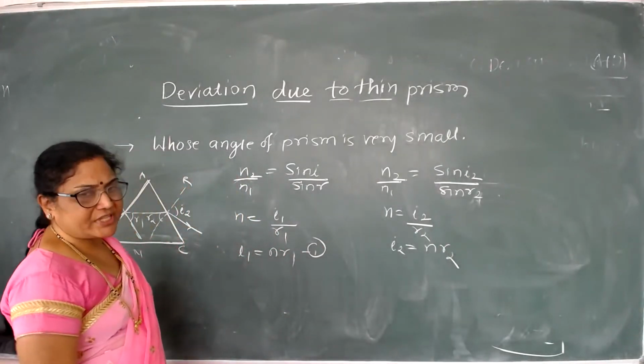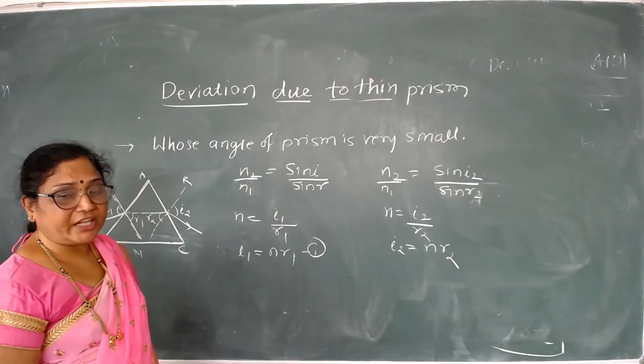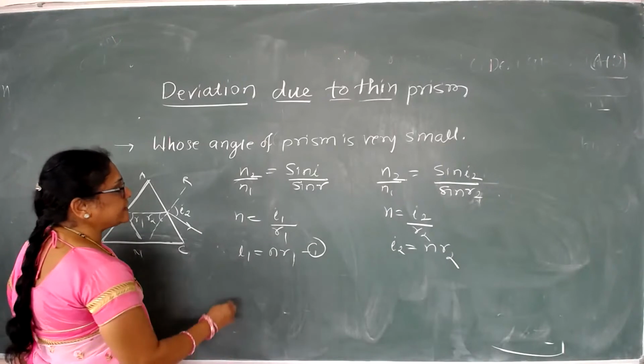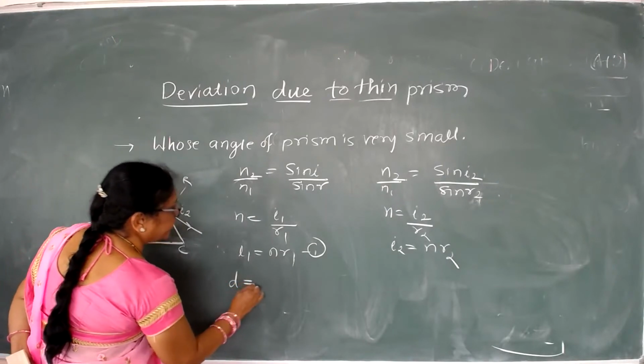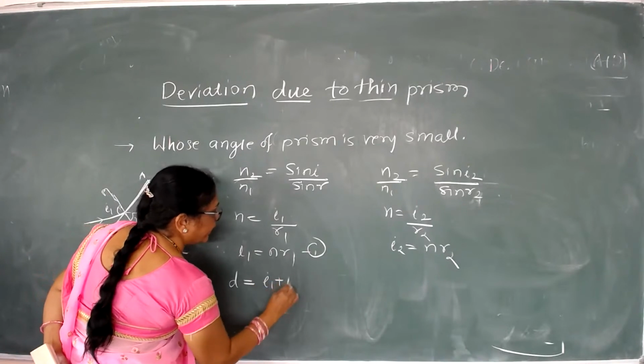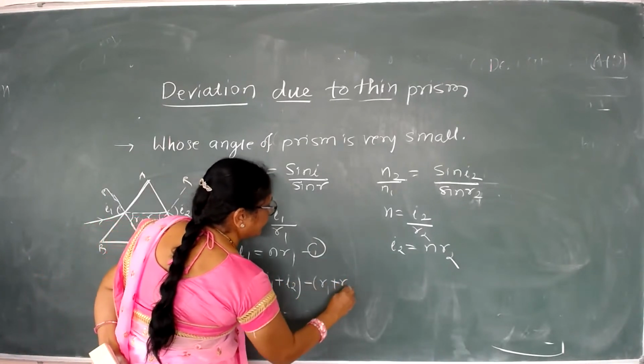So when we substitute this value in the first derivation, the deviation D is equal to I1 plus I2 minus (R1 plus R2).